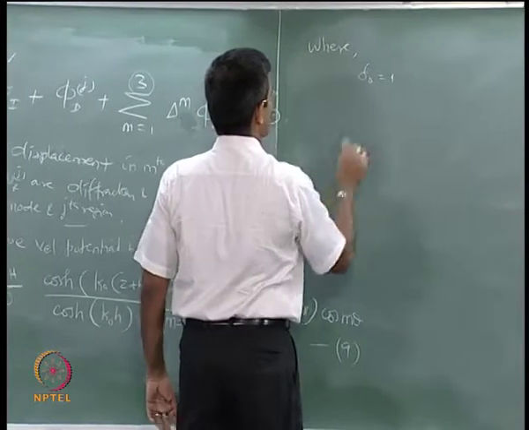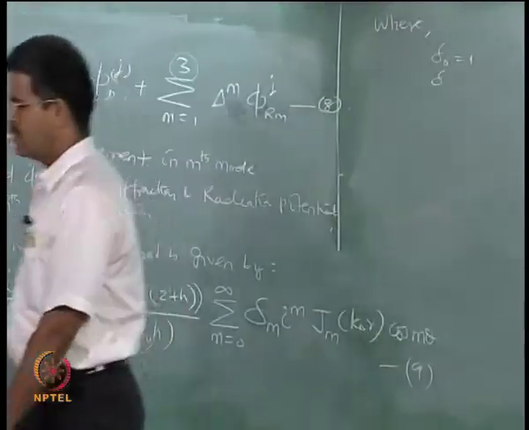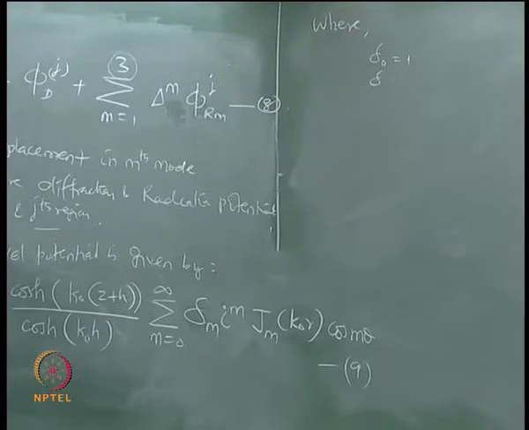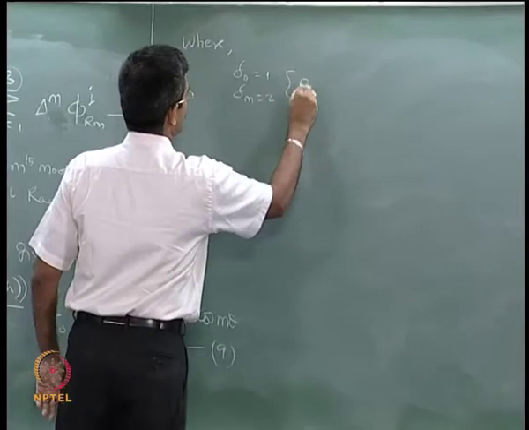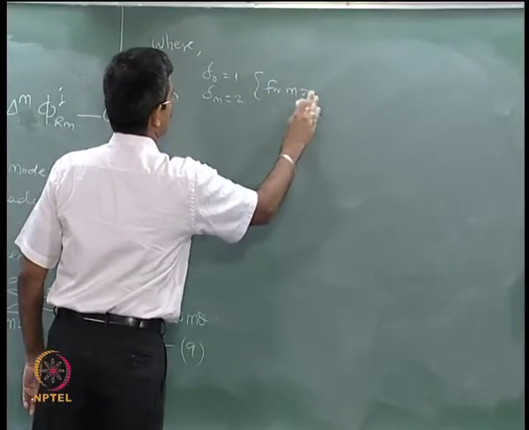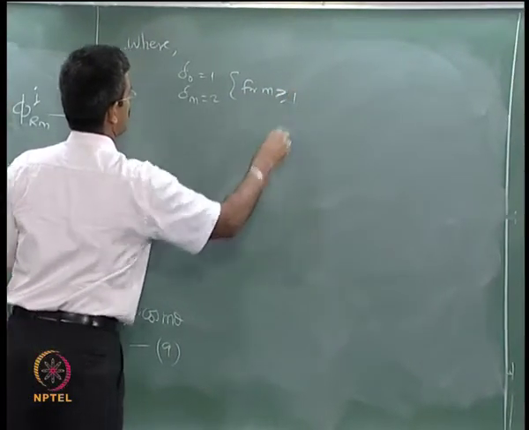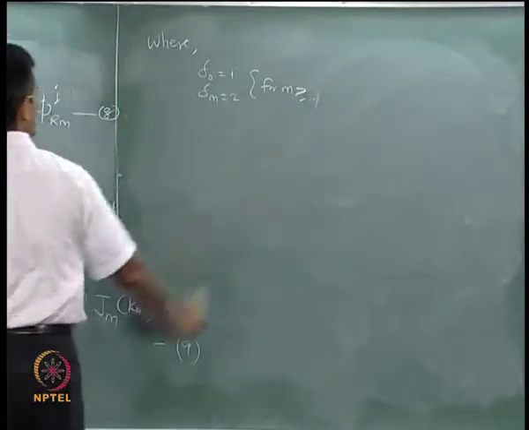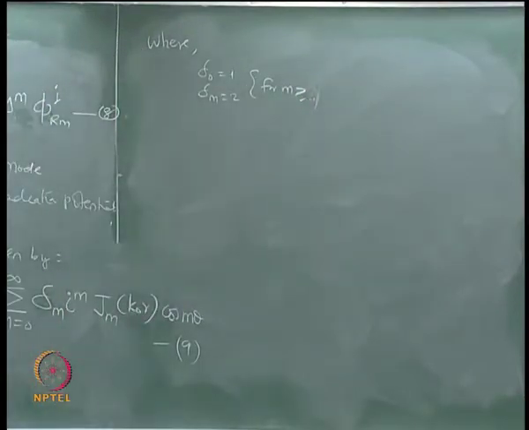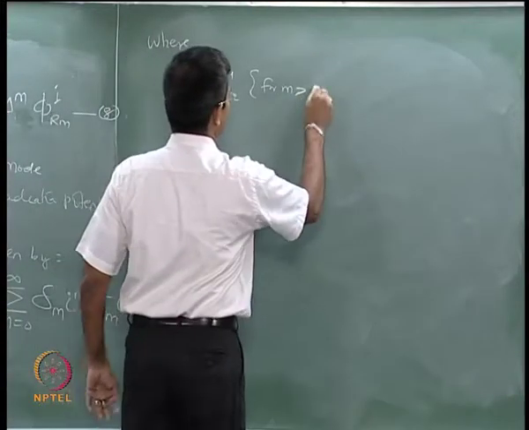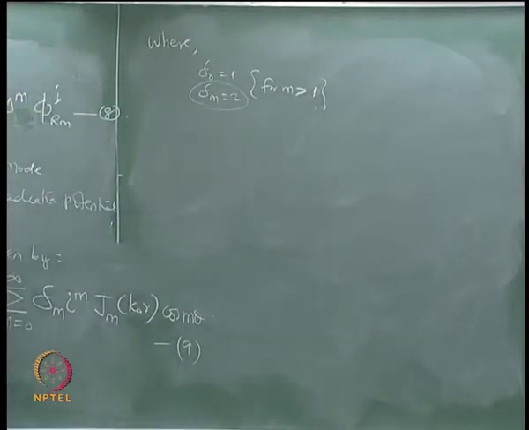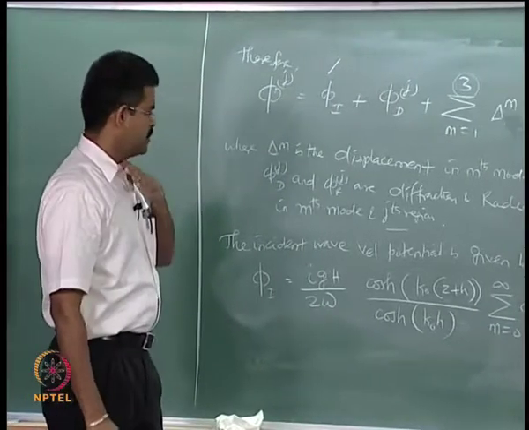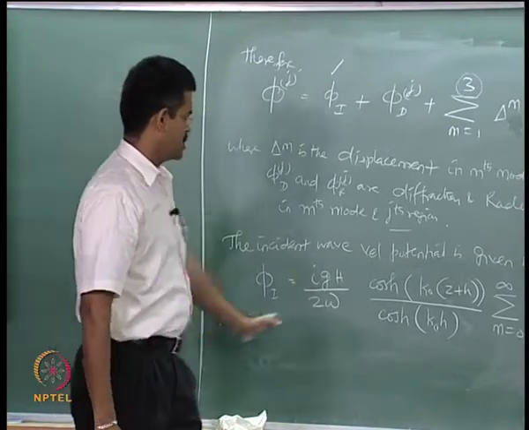Delta 0 is equal to 1 and delta m is equal to 2 for m greater than or equal to 1. For any value of m greater than 1, you can say this value is 2. When it is 0, then it is taken as unity in this expression.